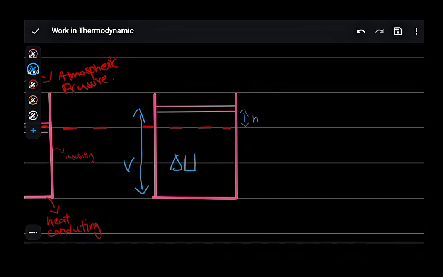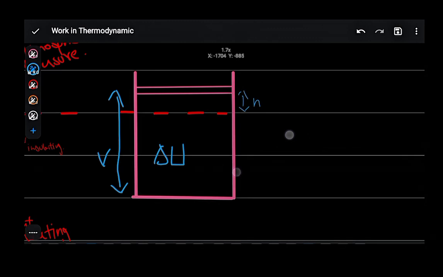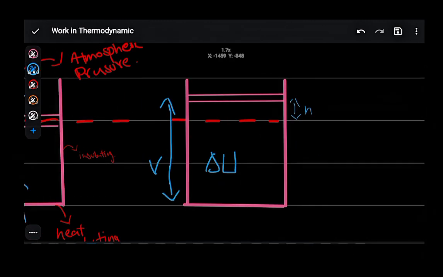So basically the gas is enclosed in a system by a movable part, which is called the piston.